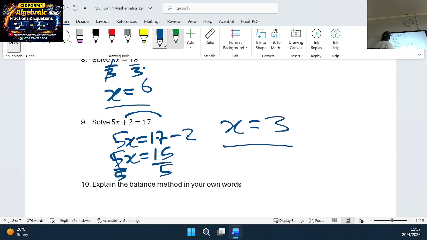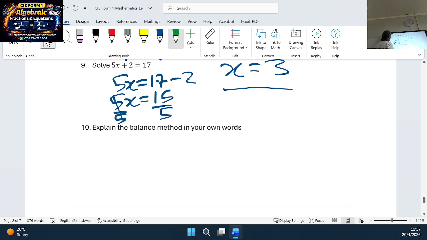Then the last problem, we're interested in an explanation of the balance method in our words.